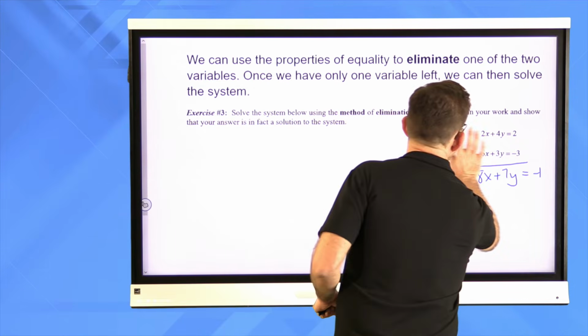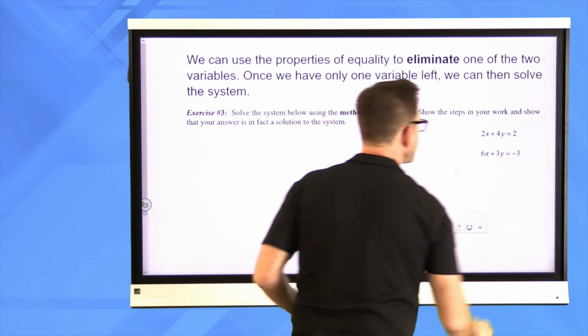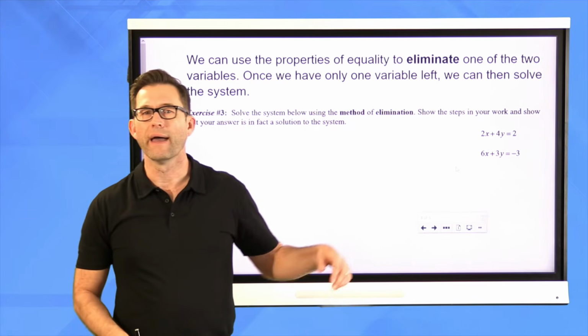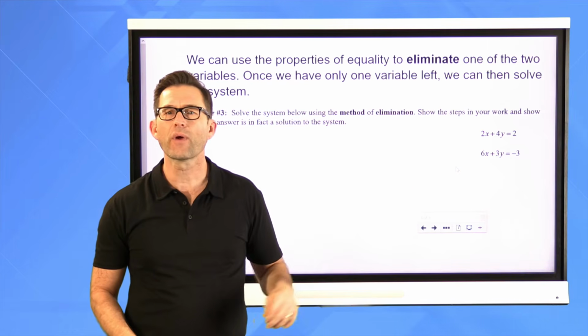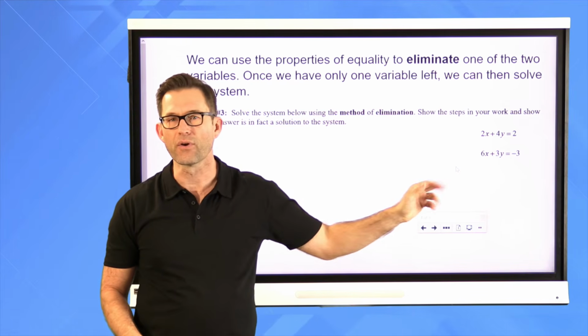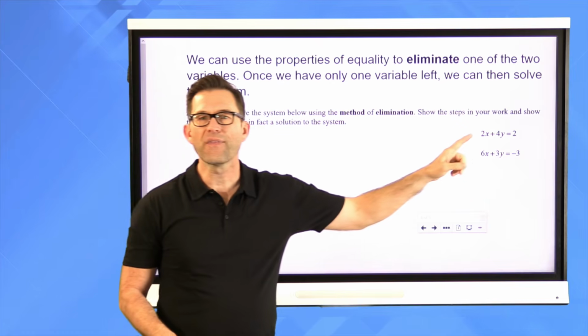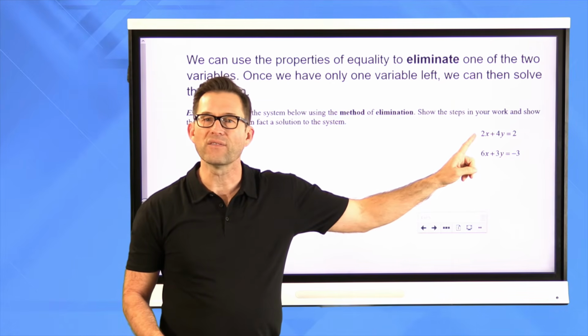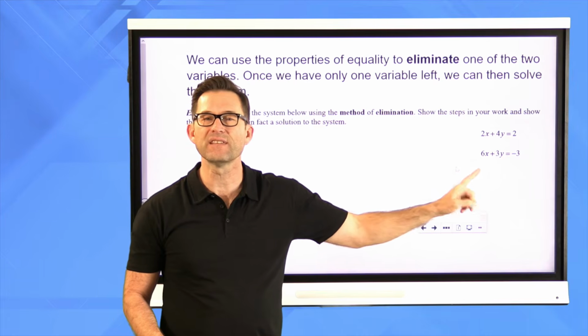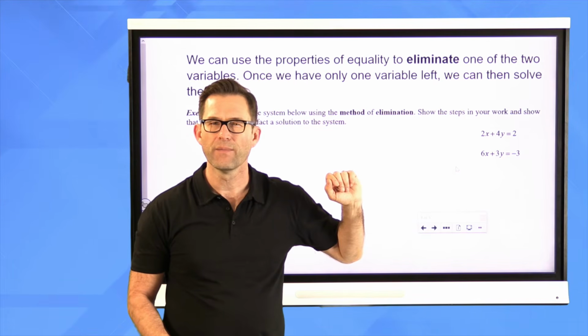So now I want to start to think to myself, well, how could I multiply, preferably just one of the equations, both sides, to create an opposite of something in the other equation? So maybe I look at that 2x and that 6x. Is there a way that I could make that 2x into a negative 6x? And I could.